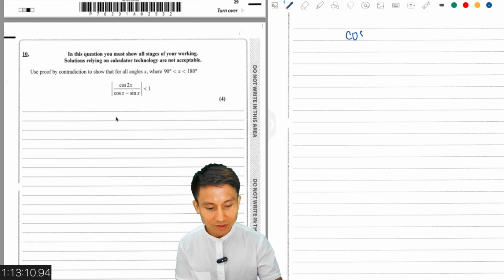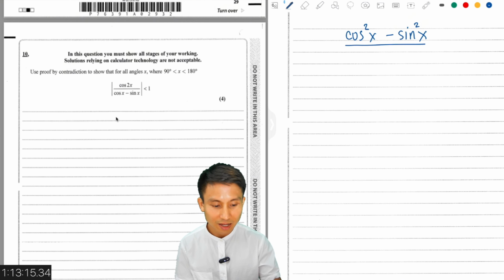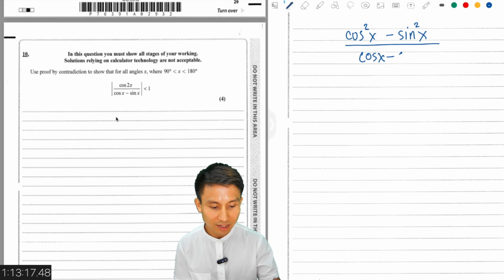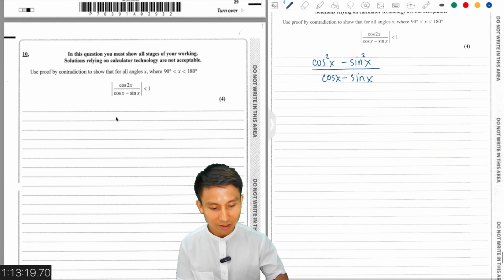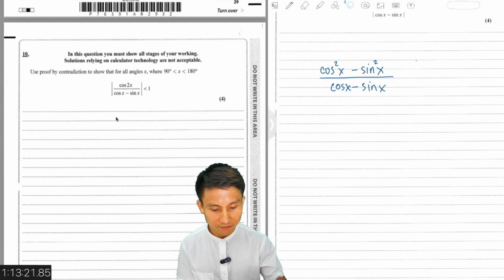Cos 2x is just cos squared x minus sine squared x, right? And this is cos x minus sine x. Okay, I started too soon. I should have assumed first.